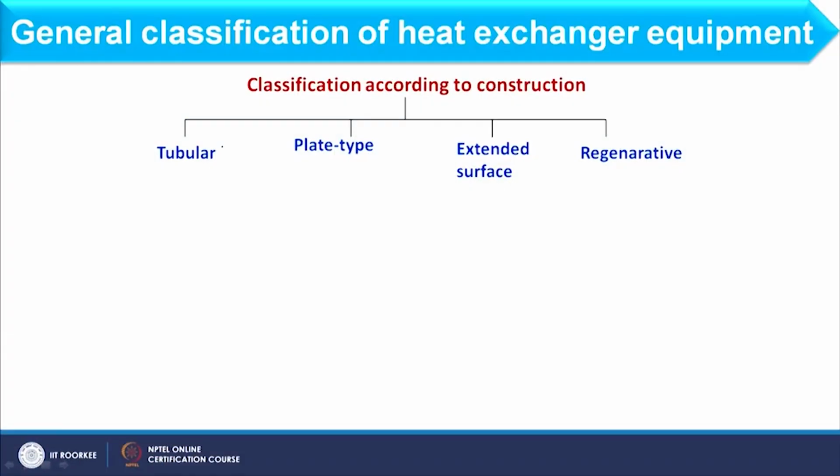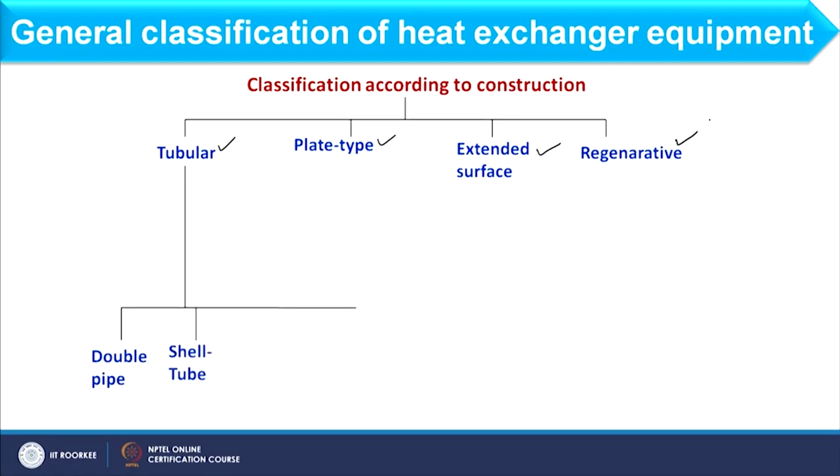Further, we are considering the classification according to the construction of heat exchanger. First in this category are the tubular exchanger, plate heat exchanger, extended surface exchanger and regenerative type exchanger. Fine. Let me first focus on tubular exchangers. A very common heat exchanger in the tubular category is the double pipe heat exchanger, which is the simplest type of heat exchanger.